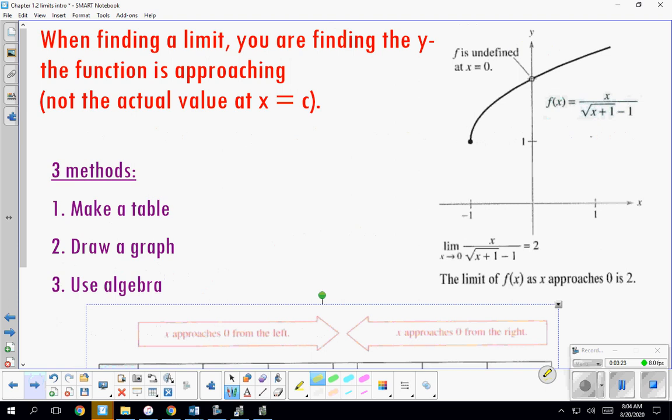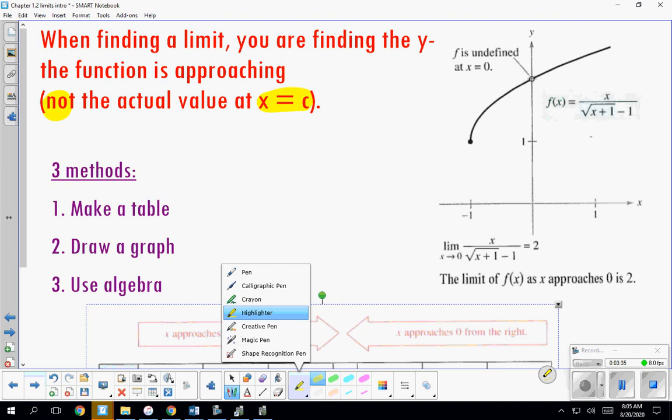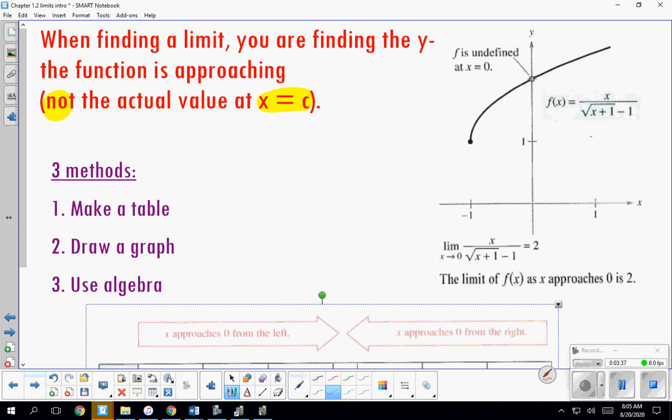So, when finding a limit, again, we're looking for the y value the function is approaching. We are not looking at what happens when we get there. So in this particular picture here, we have a graph. If we were to find the limit as x approaches 0, we're looking right on this line, because that's when x equals 0.